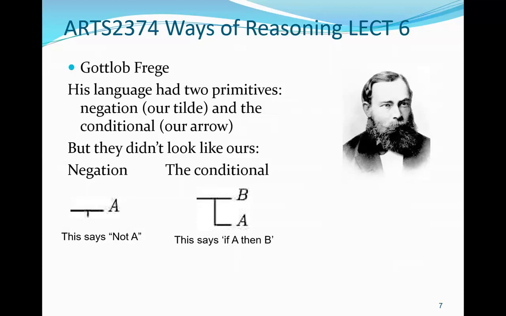One thing you notice by looking at the way his sentences look is that it's a two-dimensional structure. In particular, "if A then B" is not written on a straight line, right? It's a two-dimensional object. And that led to problems. People didn't really like using his formal language.